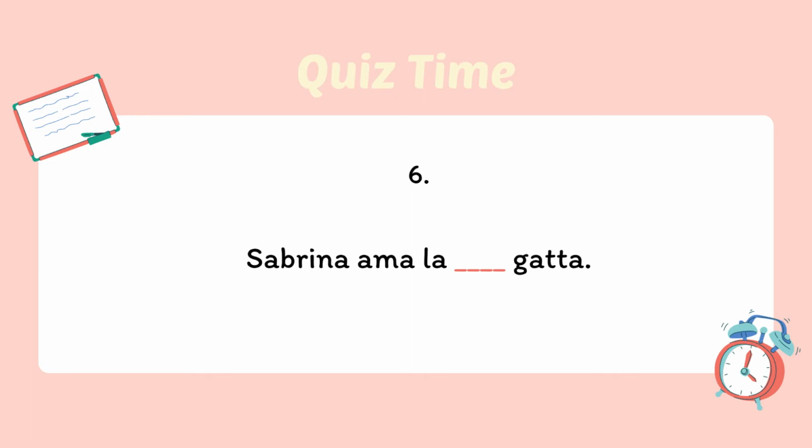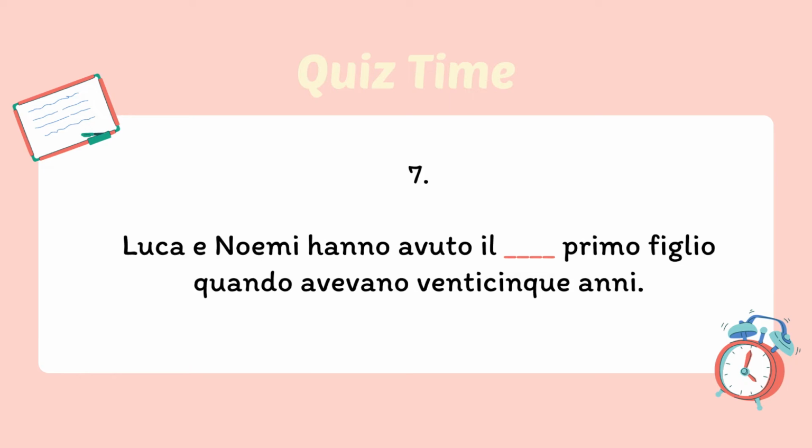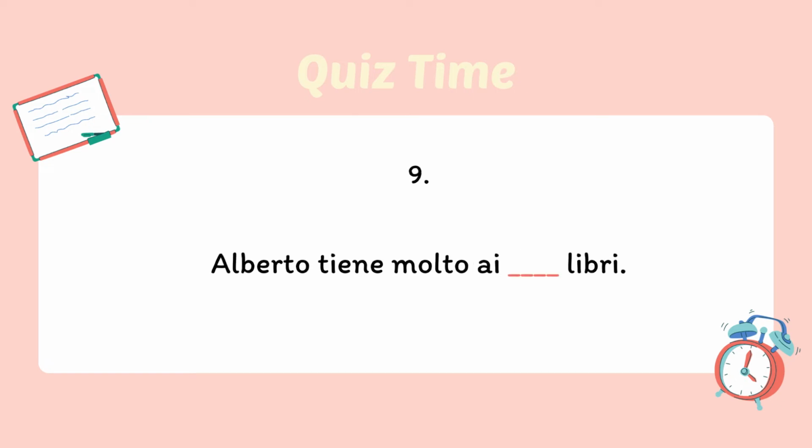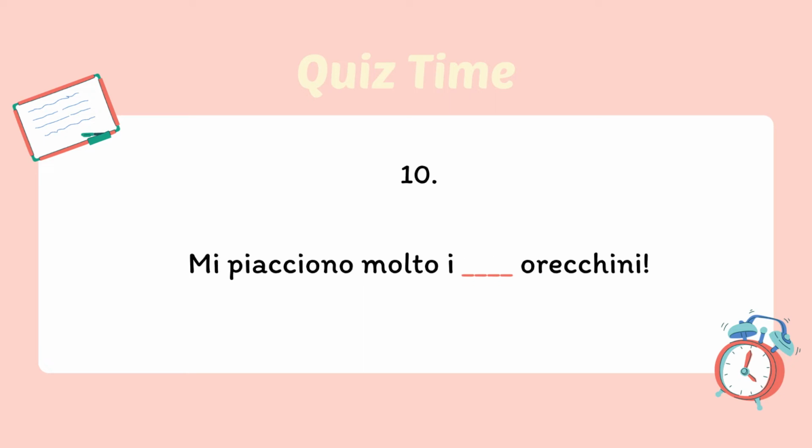Sabrina ama la ... gatta. 7. Luca e Noemi hanno avuto il ... primo figlio quando avevano 25 anni. 8. Queste sono le ... chiavi, ragazzi. 9. Alberto tiene molto ai ... libri. And last one. Mi piacciono molto i ... orecchini.